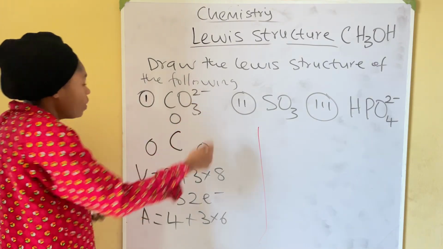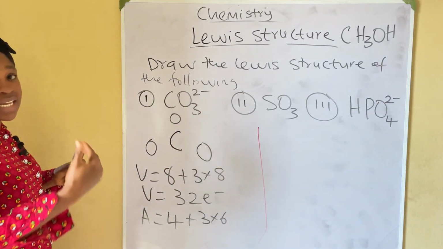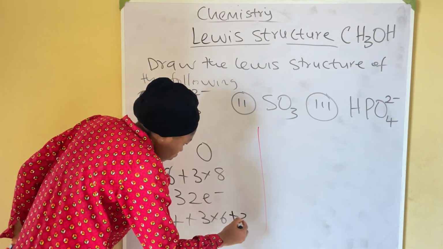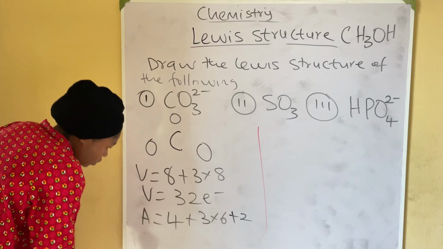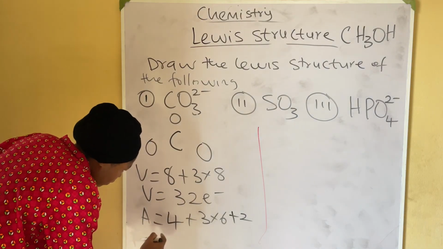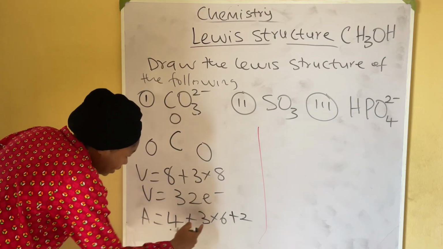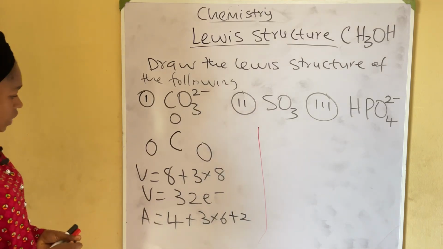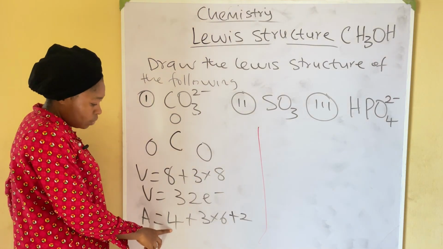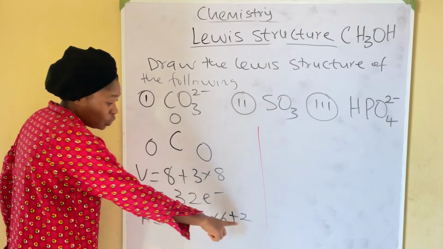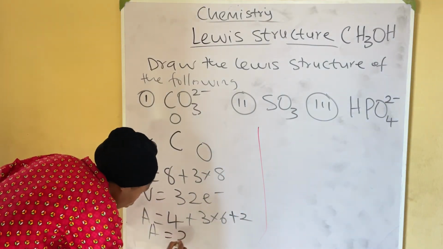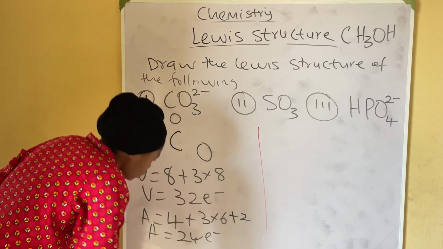So this is 2 minus. Remember, if the sign is negative, you add. So plus 2. 4 plus 3 times 6 is 18. 18 plus 4 is 22. 22 plus 2 is 24. So A is 24 electrons.